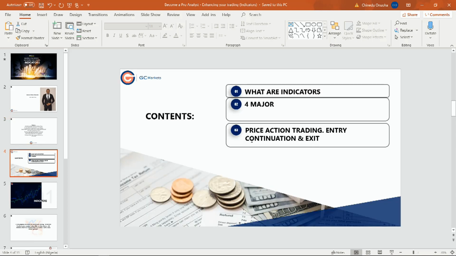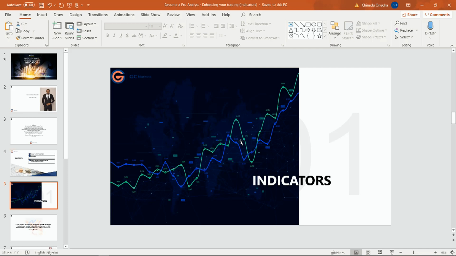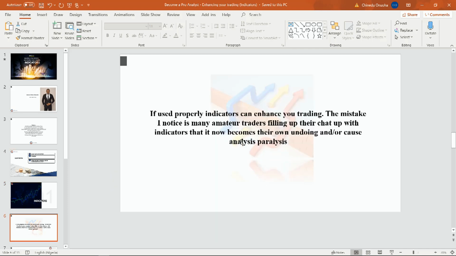Now, that being said, we're going to be looking at indicators. You've probably seen a lot of people's charts online, charts of potential traders, or at least they say they are traders. Sometimes one of the things that scares you off is when you look at their chart and you see a lot of things.